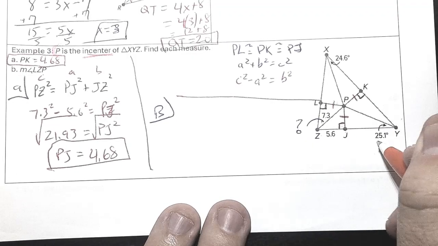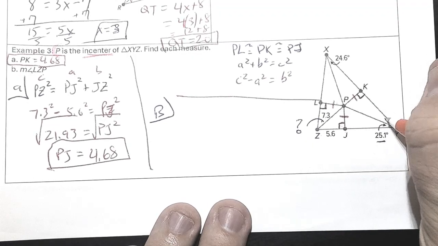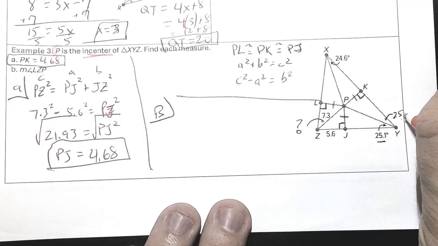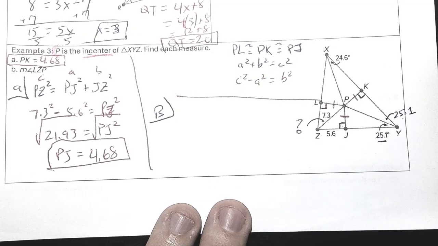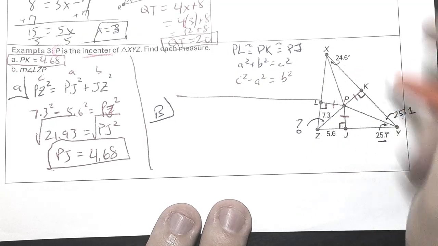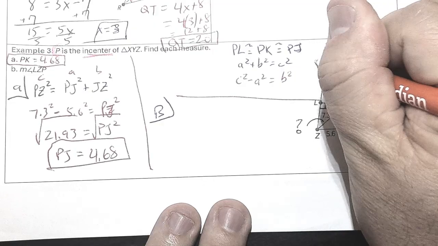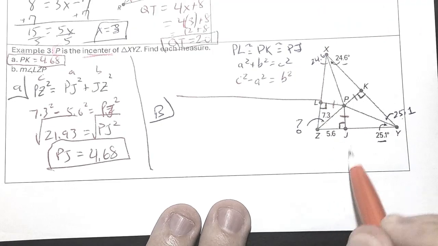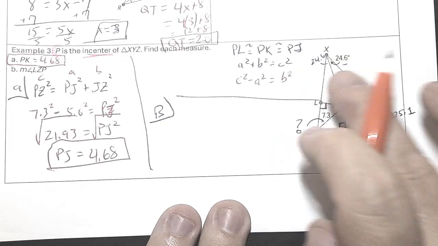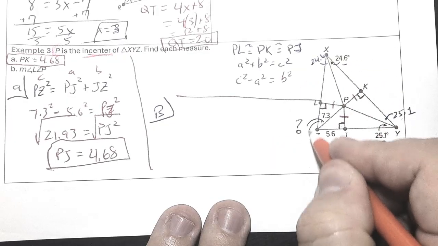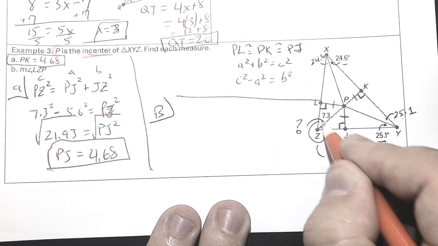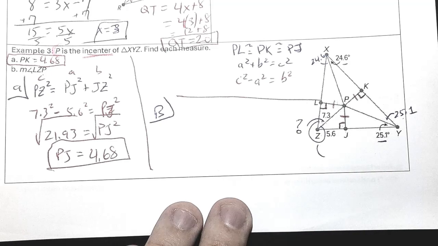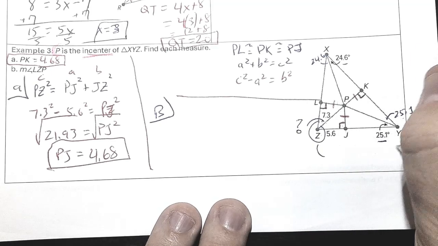So if this side is 25.1, then this side is 25.1. And if this side is 24.6, then this side is 24.6. Remember, without all this stuff, we have a big triangle, so we can find out what both of these are and then divide it in half because it's going to be the two halves.